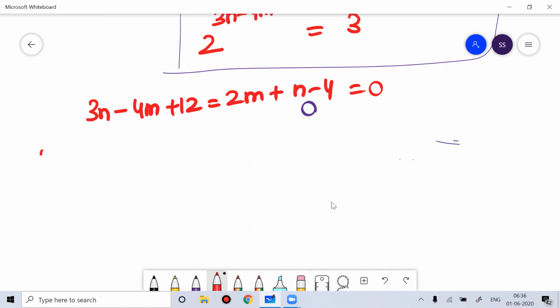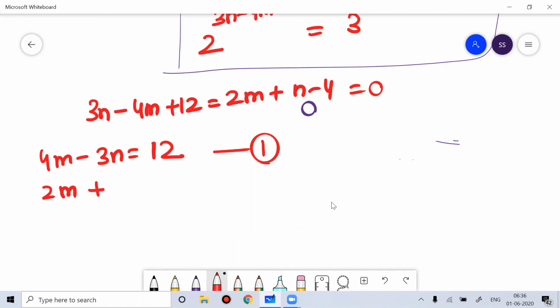So I can write 4m minus 3n is equal to 12. This is equation 1. And equation 2 is 2m plus n is equal to 4. It doesn't matter how you feel comfortable, try to solve it.